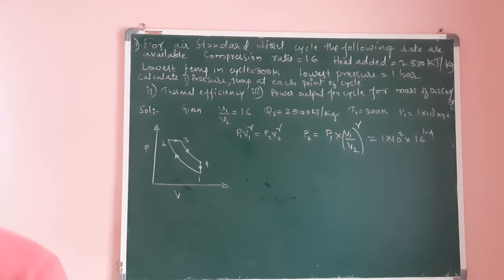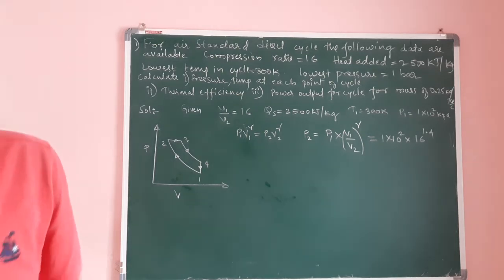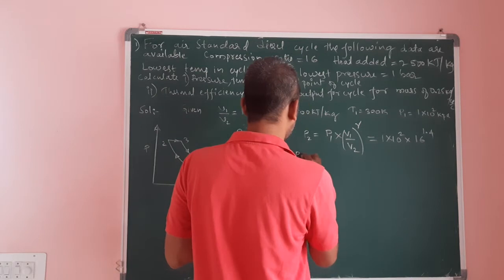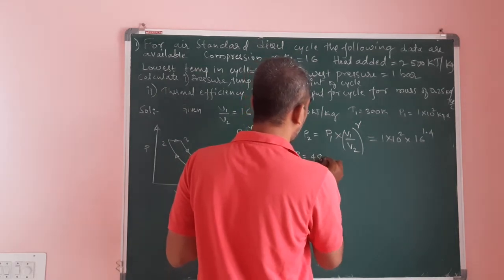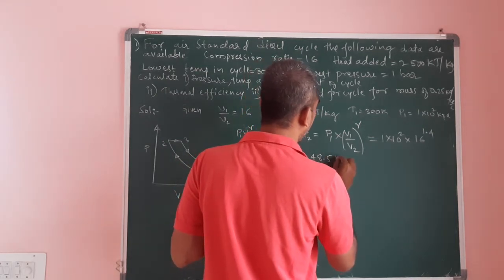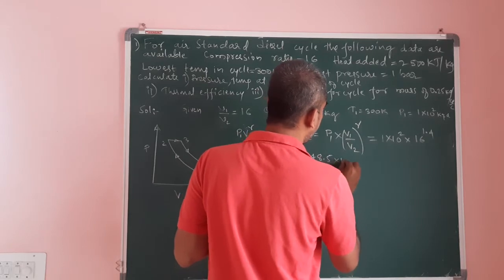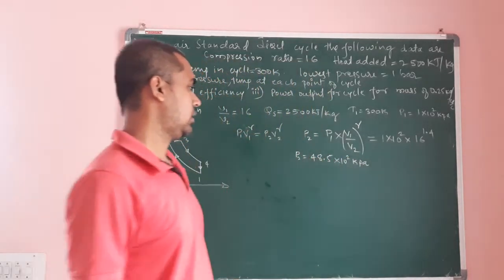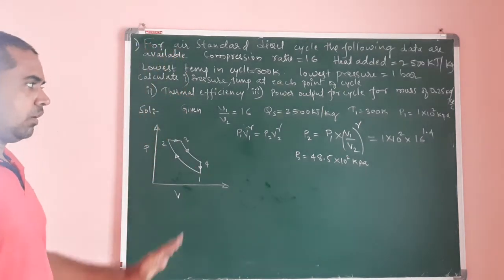Okay. You will get P2 is equal to 48.5 bar, or 48.5 into 10 raised to 2 kilopascal. Okay, now we have calculated P2.